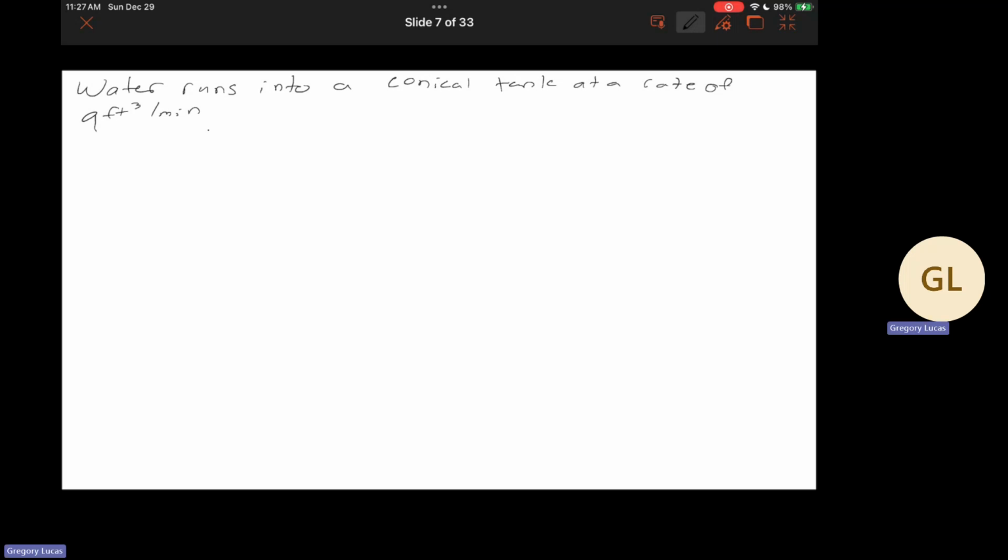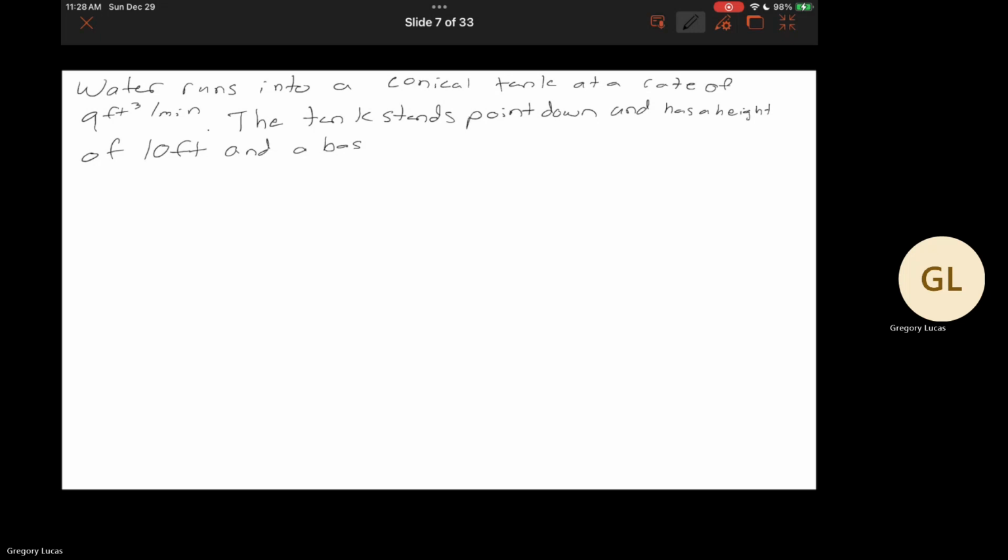Or in this case, we'll say the tank stands point down. Same thing, inverted, point down, and has a height of 10 feet. So our cone's 10 feet, and the base radius of 5 feet.